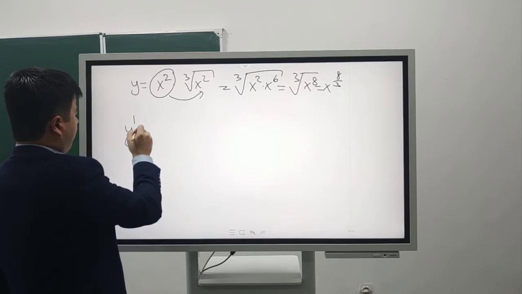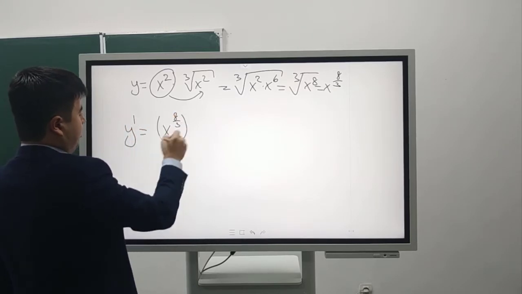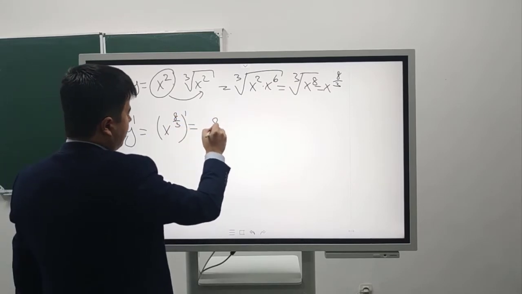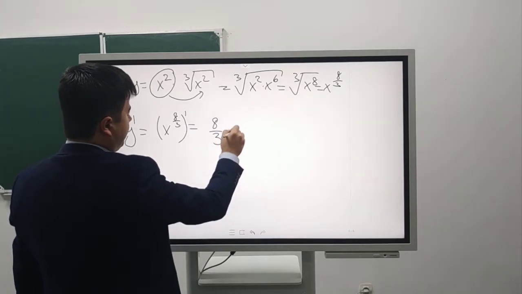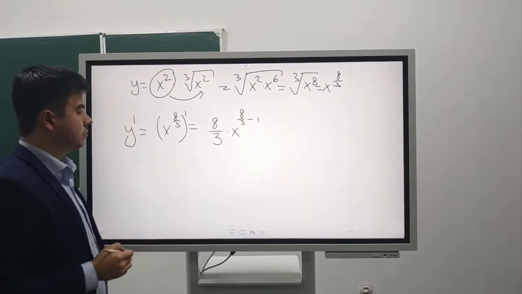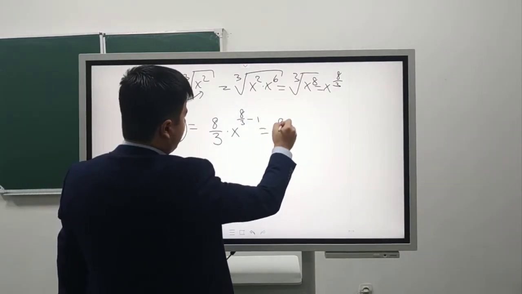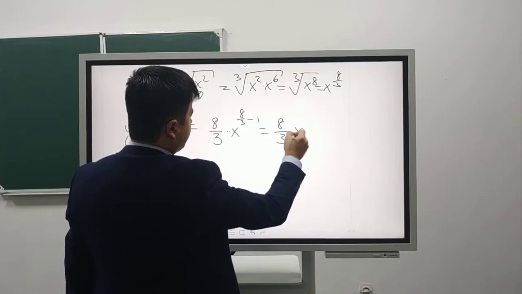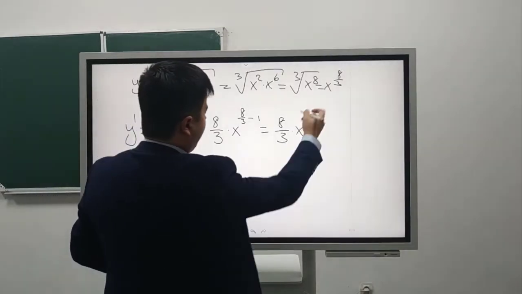Let's write y prime, it is 8 over 3 times x to the power of 8 over 3 minus 1. And now let's continue, 8 over 3 times x, if we subtract 1, to the power of 5 over 3.